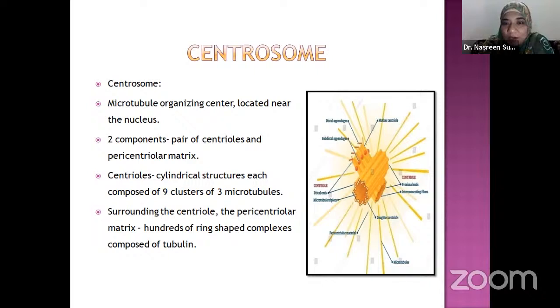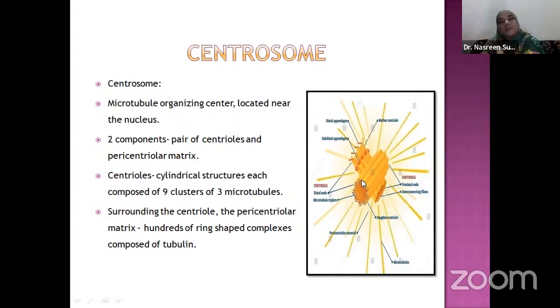You can see here in the diagram, 1, 2, 3. So this is one cluster of 3 microtubules. Like that, how many clusters are there? 1, 2, 3, 4, 5, 6, 7, 8, 9.